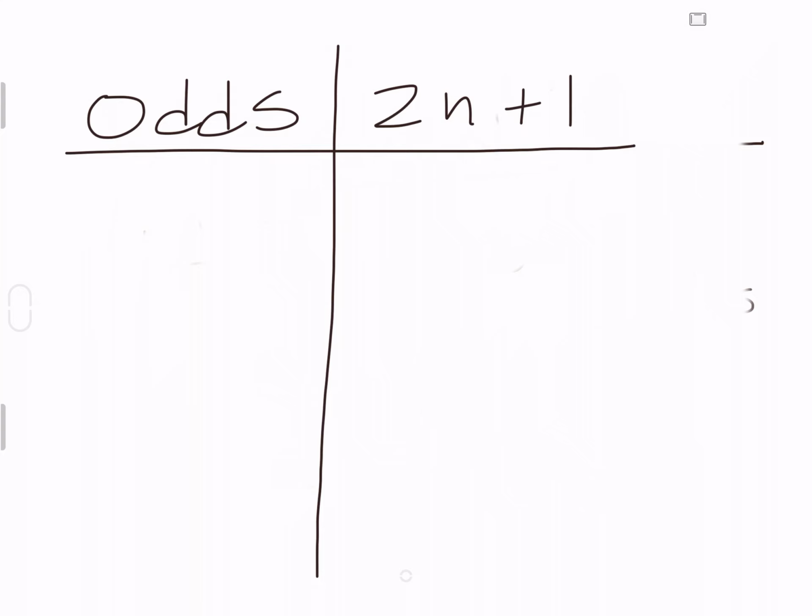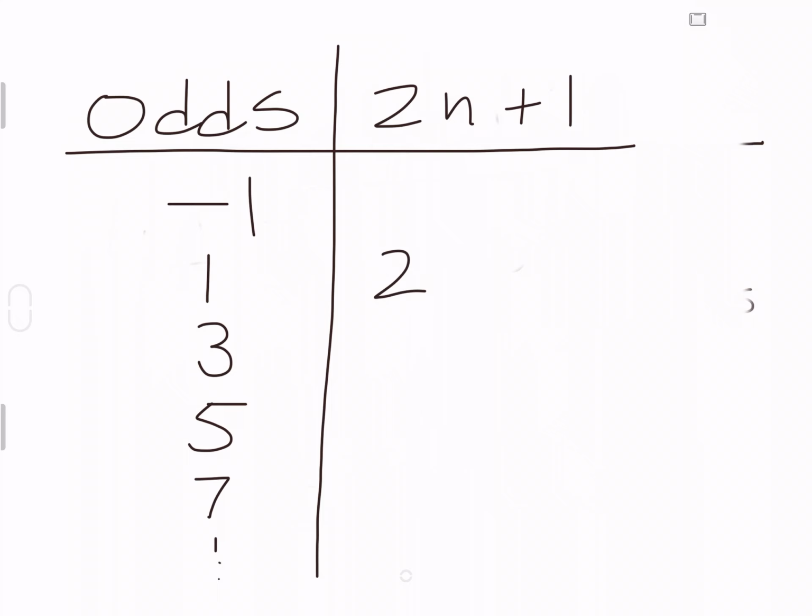Let's say 1, 3, 5, 7, dot, dot, dot. And let's see, -1 there. Okay, so start with 1, right?